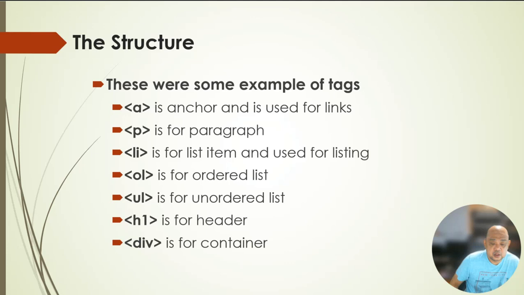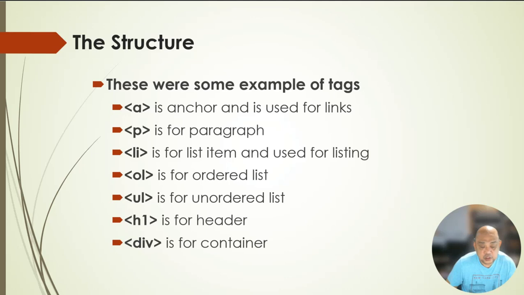These are some samples of tags. A is used for anchor and is used for links. P is for paragraph and is used for paragraphs or long text. LI is used for list item and used for listing items.